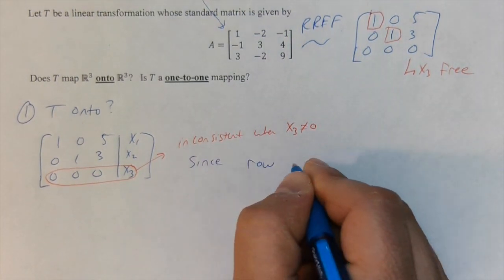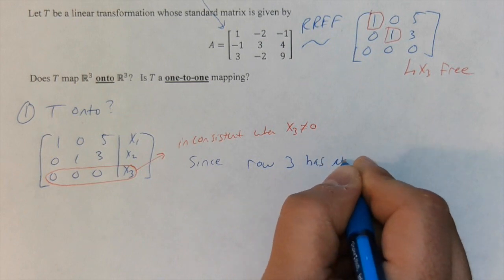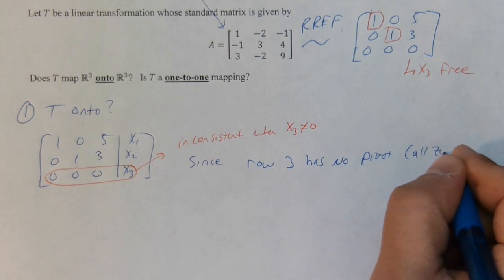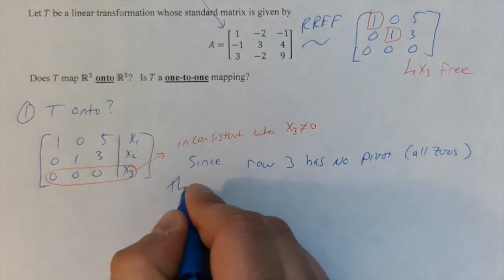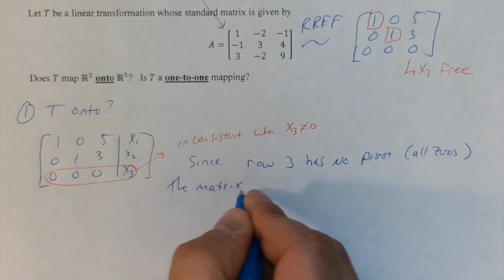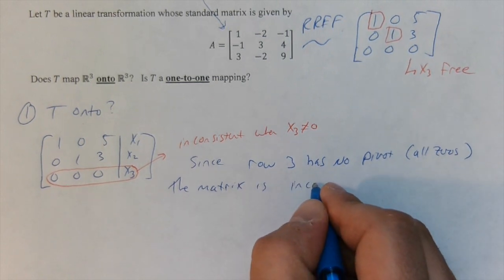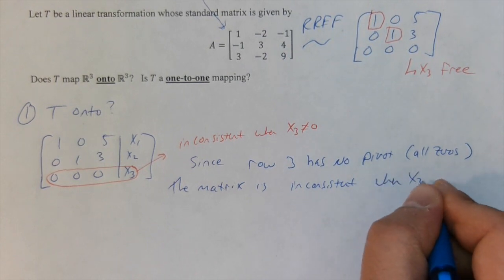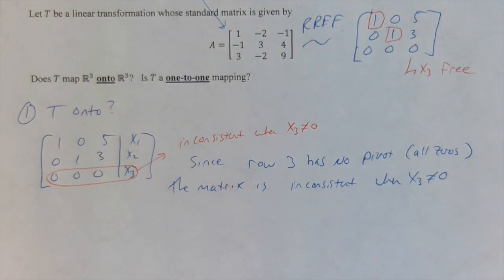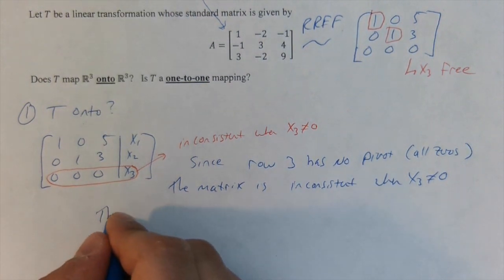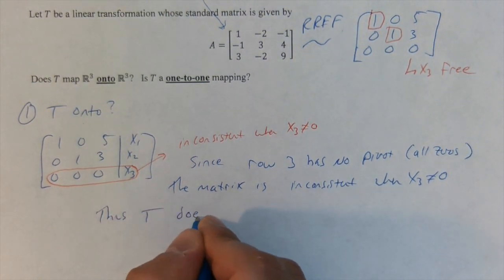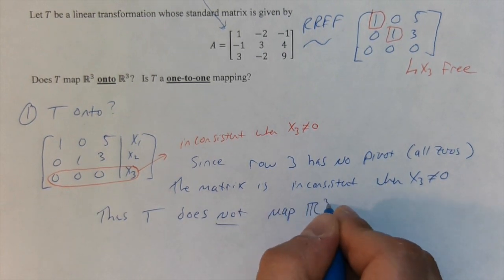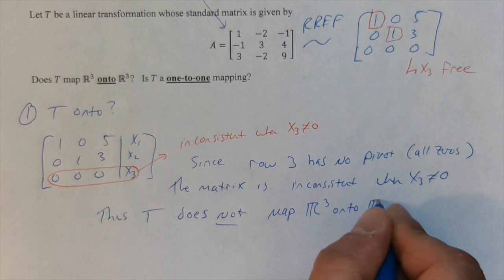Since row 3 has no pivot, it's all zeros, the matrix is going to be inconsistent when we don't have an entry of 0 in the third spot. Thus, T does not map R3 onto R3.